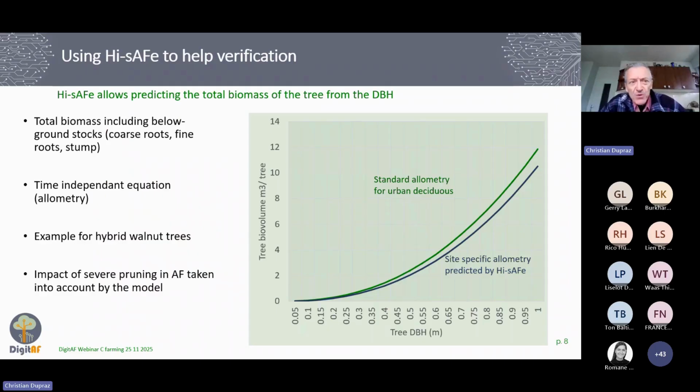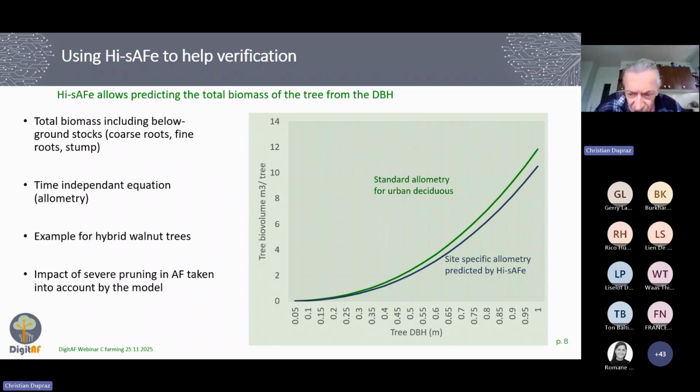So when we use the HiSAFE model, we can predict the total biomass of the tree from the DBH, and this total biomass includes below ground stock, coarse roots, fine roots, stump. Those equations are independent of time. They are allometric equations relating the tree biovolume and the tree DBH.